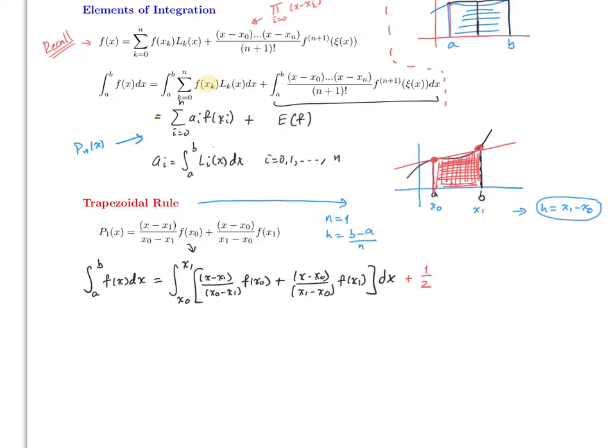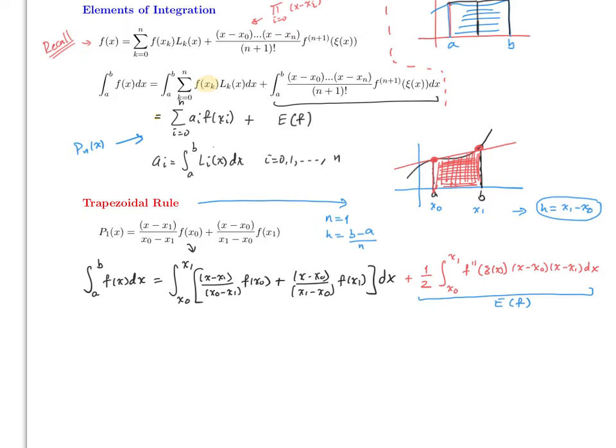So it will be 1/2 the integral from x0 to x1 of the second derivative evaluated at some c that depends on x, times x minus x0 times x minus x1, since you only have two points. And remember, this is what we're going to call E_f, or the error of the function f.